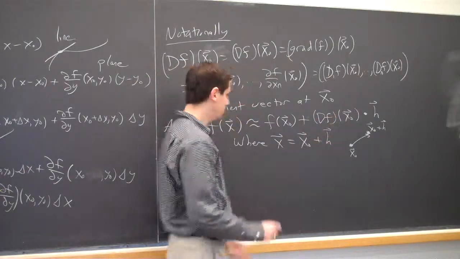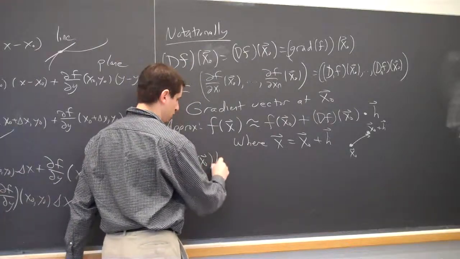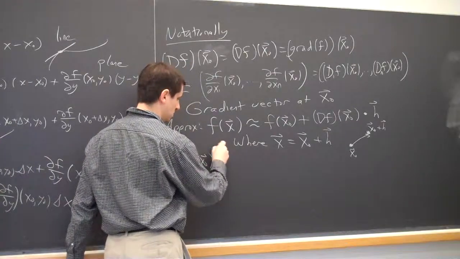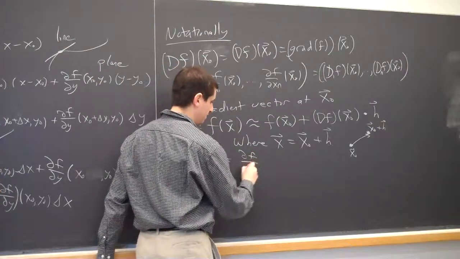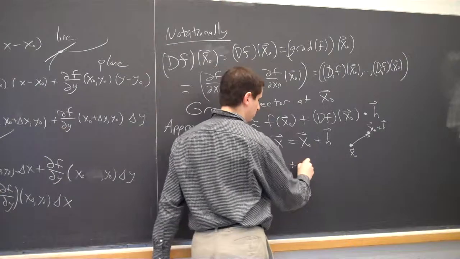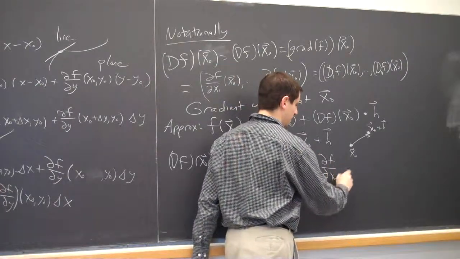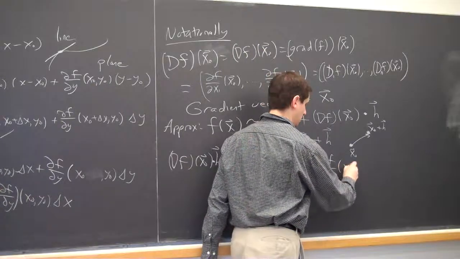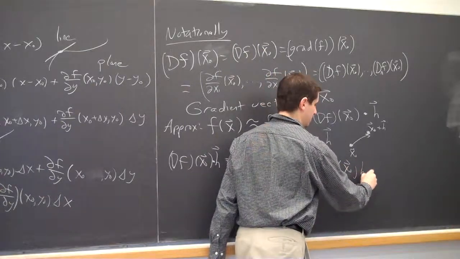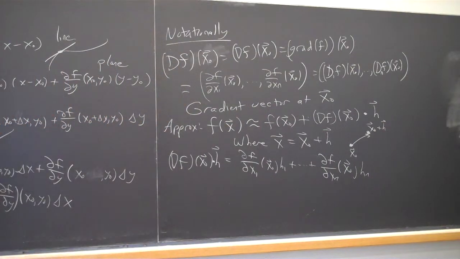When you look at this dot product, the gradient of f at x naught dotted with h is equal to df dx1 at x naught times h1 plus dot dot dot plus df dxn at x naught times hn. Okay? So this tells you, if you know how much you've moved, approximately how much you've changed.